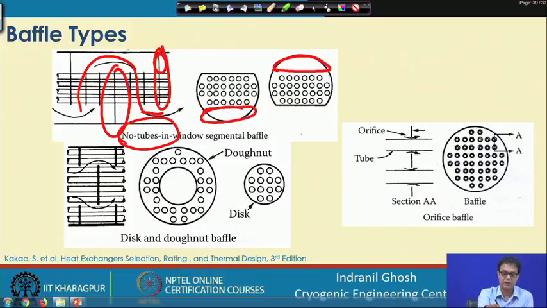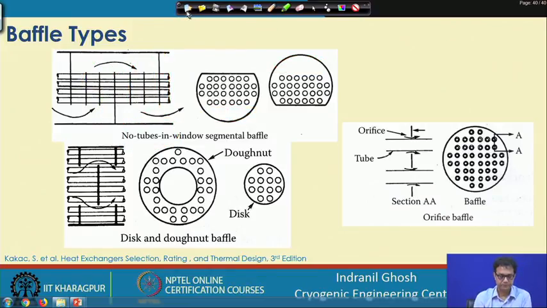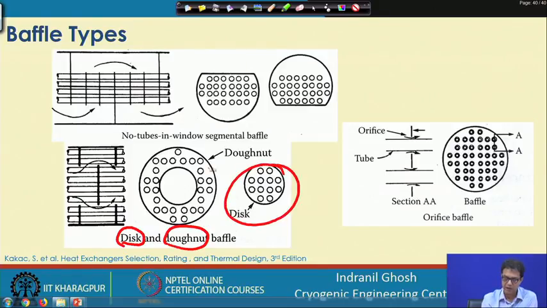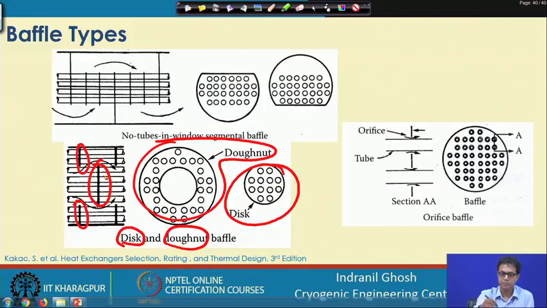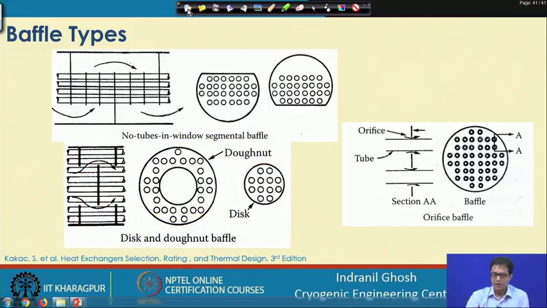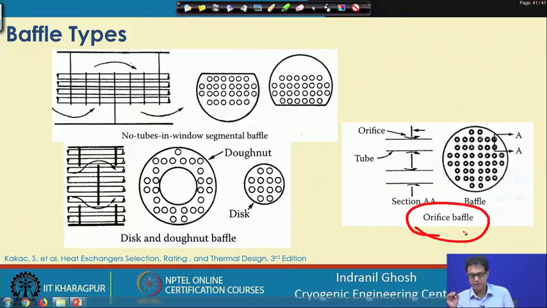This is another type of baffle. Then we have the disc and donut shape. This is the disc part and this is the donut. The donut part is placed over here and the disc part is placed at the center of the tube. This is another type of baffle.